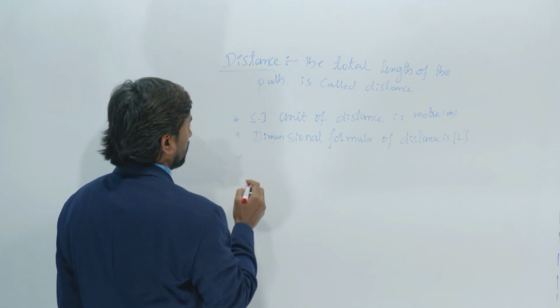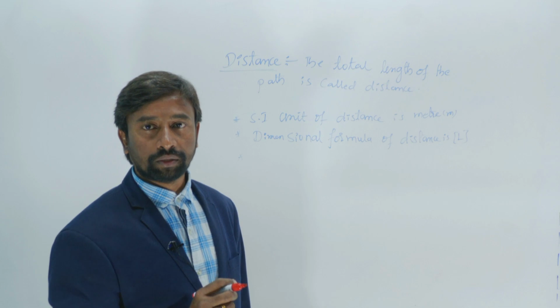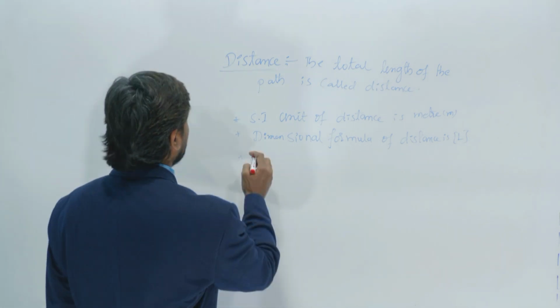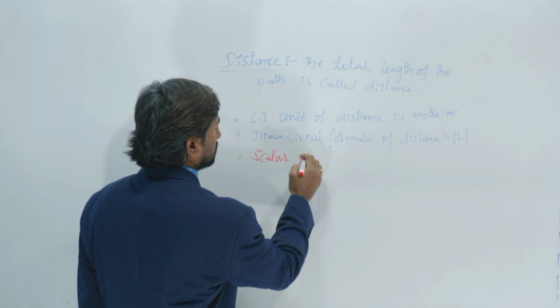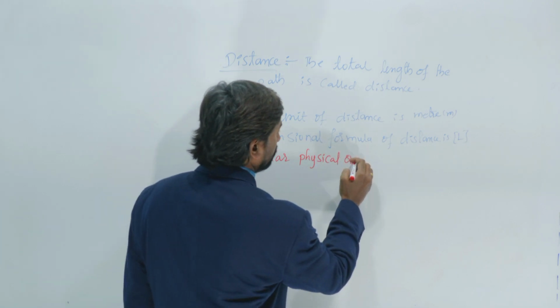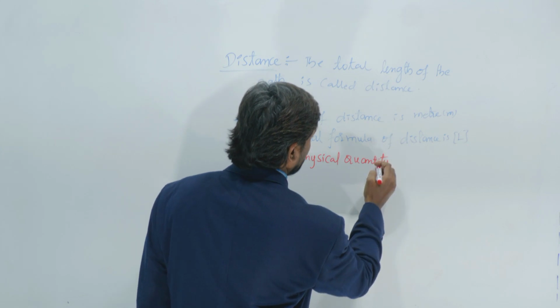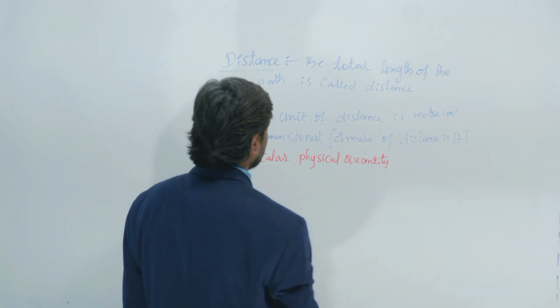So distance has only the magnitude, there is no direction. So it is said to be a scalar physical quantity. Distance is a scalar physical quantity.